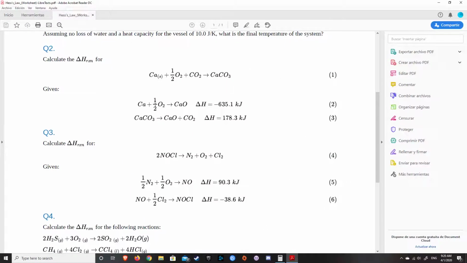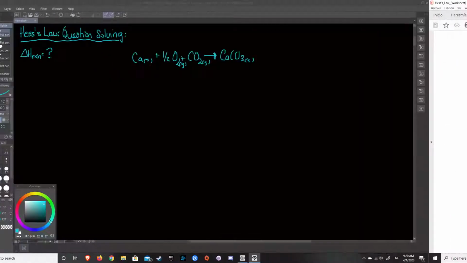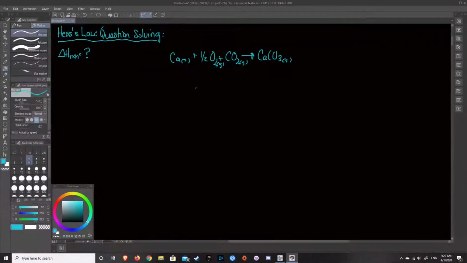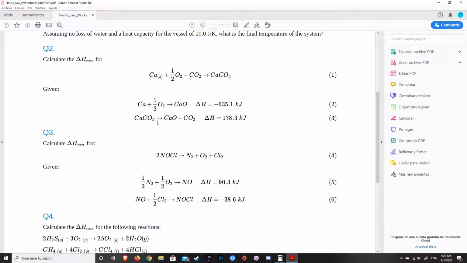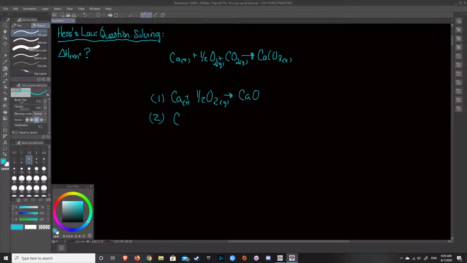Here are the reactions that they're given. We're given equation 1: calcium plus 1/2 O2 forms calcium oxide. And the second one: calcium carbonate thermally decomposes, CaCO3 decomposes to CaO and CO2.